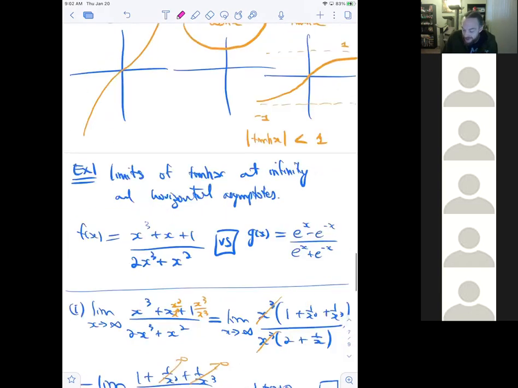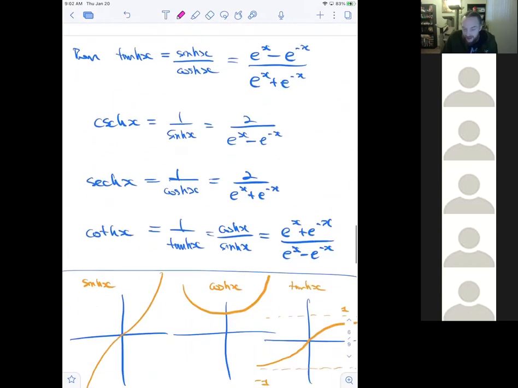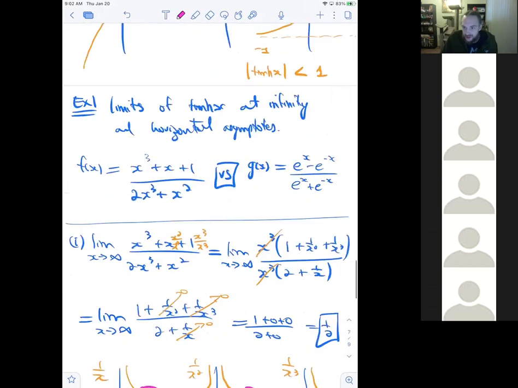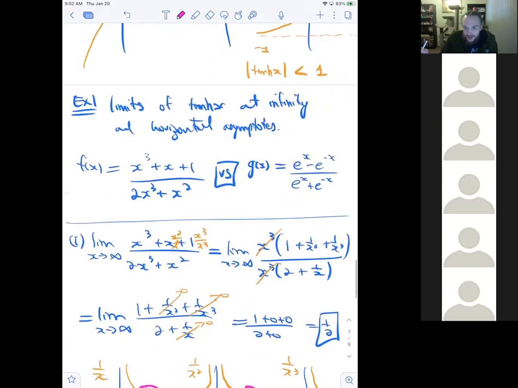But instead of multiplying the top and the bottom by the highest power of x, we're going to multiply by... the other thing we could do here is multiply by x to the negative 3 over x to the negative 3.